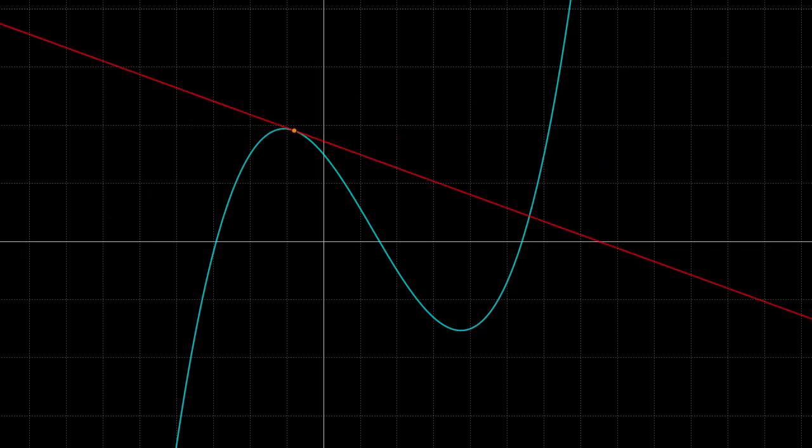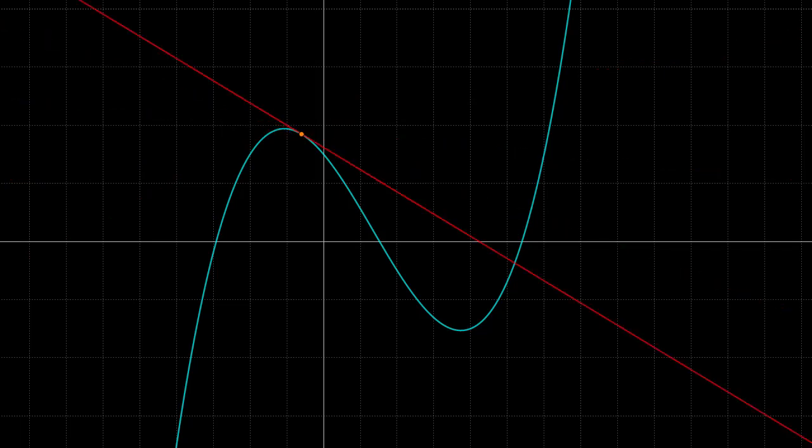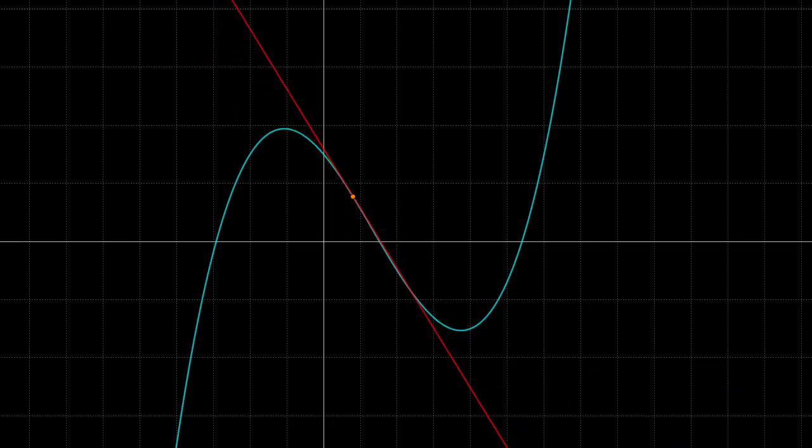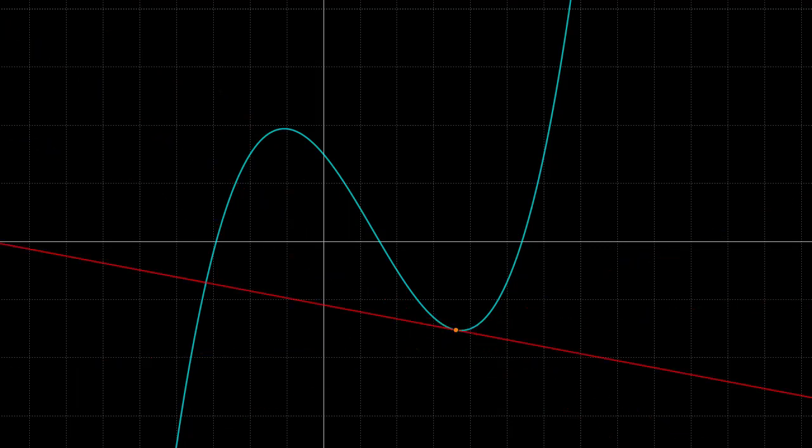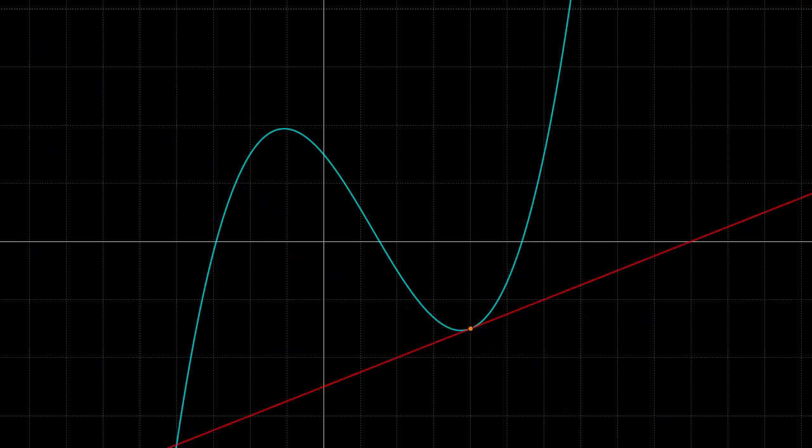And here, at some point it levels off and then becomes negative as the function decreases. And then it levels off again, and then the slope becomes positive as the function begins increasing again.